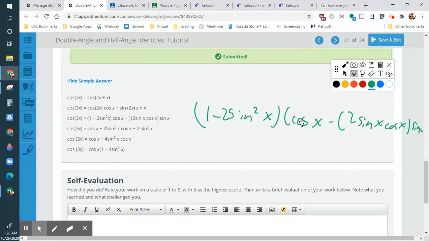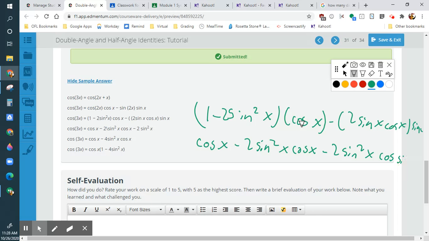All right, so this, like that. And I don't want to get a single angle, so this becomes cosine x minus 2 sine squared x cosine x minus 2 sine squared x cosine, sine.